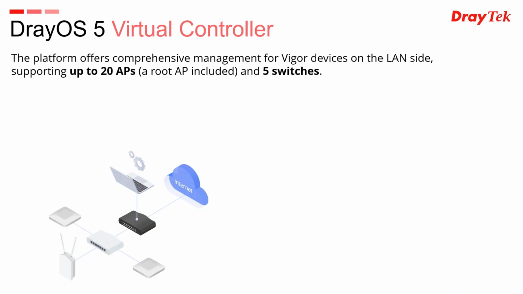All that was merged together, and actually some extra bits and pieces were added. The SOHO routers, such as the C410 and C510, can manage up to 20 access points and up to 5 switches. And not only that, mesh is part of the feature now, where up to 8 devices can be linked together in a mesh group.